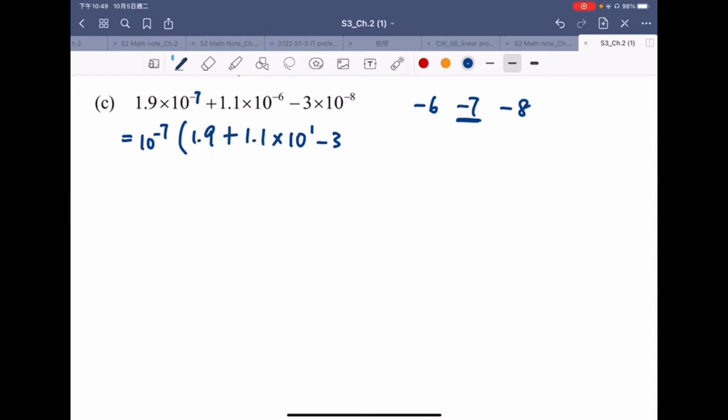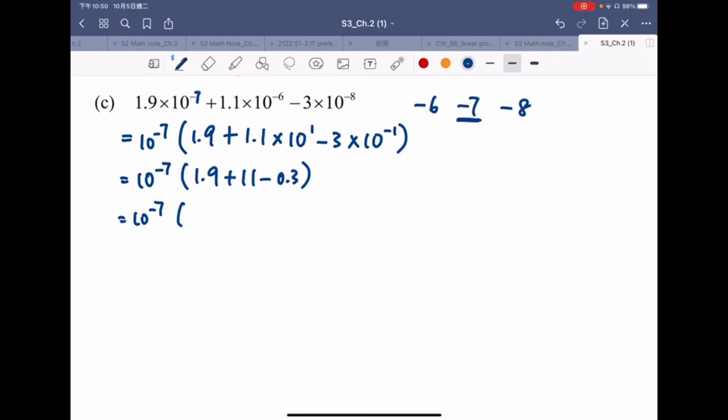Second one, how about this? What should we fill in to get -8 after adding -7? Let's see, the second number goes to 11, the last number goes to 0.3.